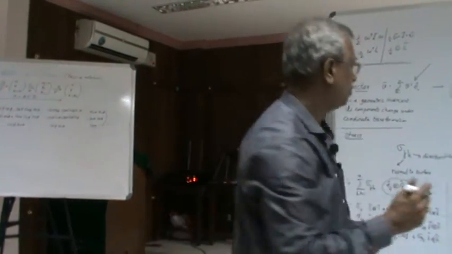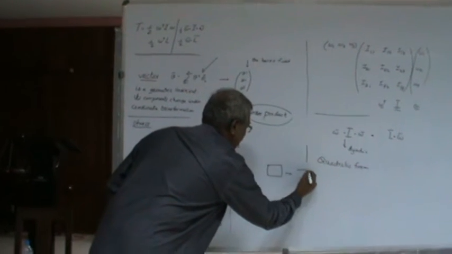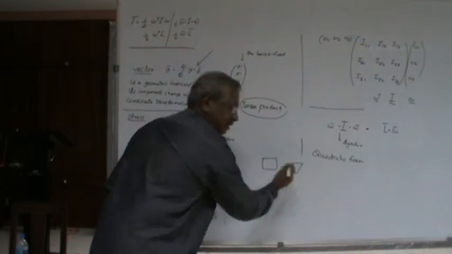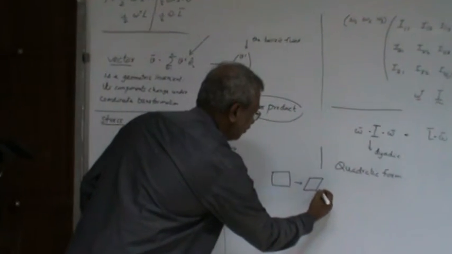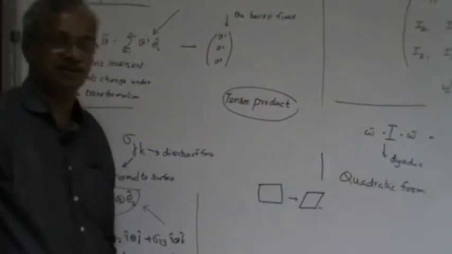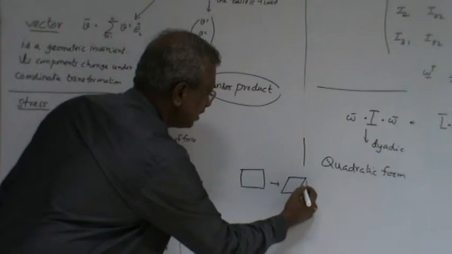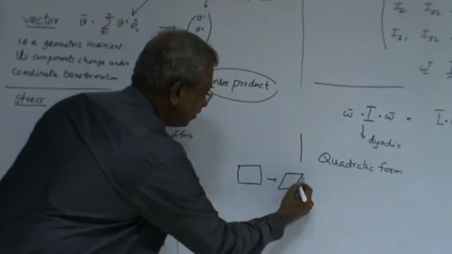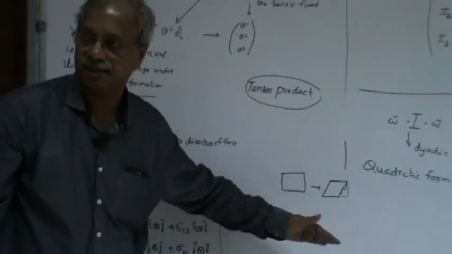So you start with an object like this, and let it get deformed to something like this. To talk about the strain here, you find out how much is this change in length, and that will be divided by this distance. So that whether you look at the full system or at a part of the system, you get the same answer. So this is the shear strain.